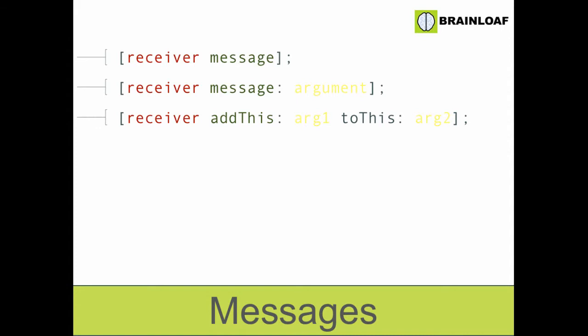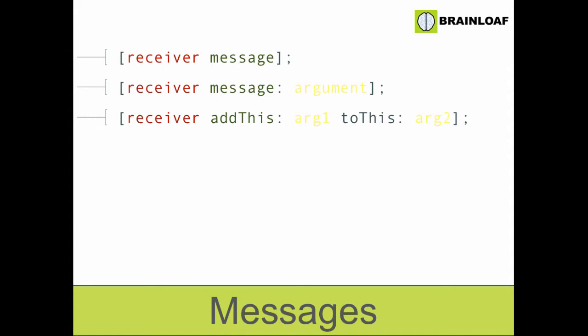The second and third lines here illustrate how Objective-C handles parameters. So in our second one, receiver message : argument. In this second line, this is a method call with a single argument. And then the third one, you'll see some really interesting syntax where we have add this : argument 1 to this : argument 2.